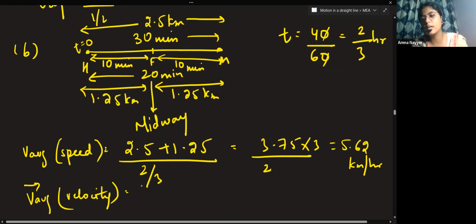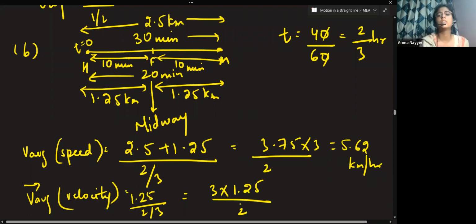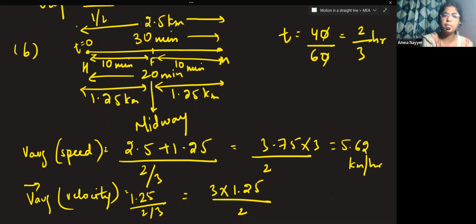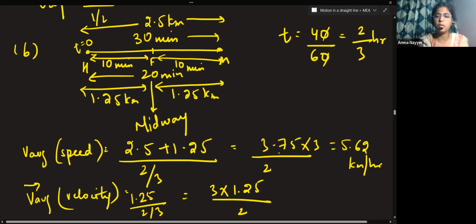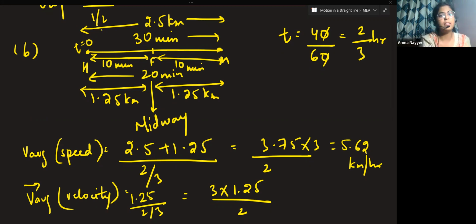Instead of taking 3.75 kilometers, we'll just be writing 1.25 kilometers divided by 2 by 3. So that becomes 3 into 1.25 divided by 2. This should come around 2 point something or 1.5. Just check what answer is coming here. I don't remember the exact value. So just let me know on doing this calculation what all you people are getting, and also note down the second part.